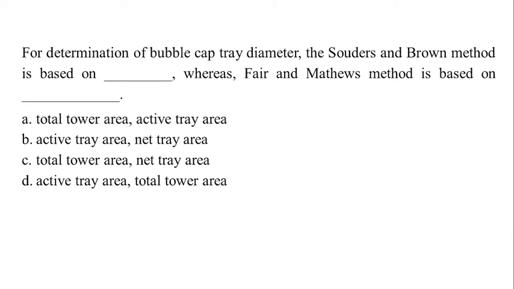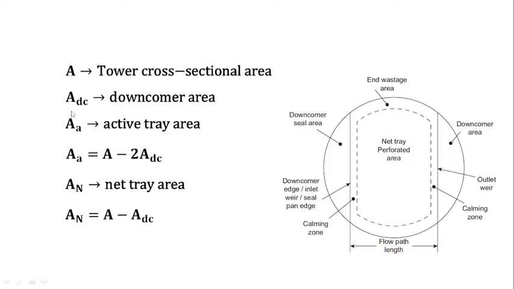So next question, for determination of bubble cap tray diameter, the Sauder and Brown method is based on dash, whereas Fair and Matthews method is based on dash. Before that, we need to see what are the main parameters like active tray area, net tray area, and others.